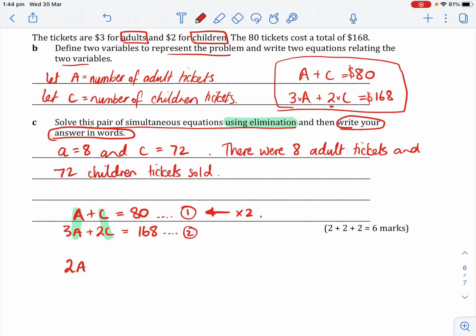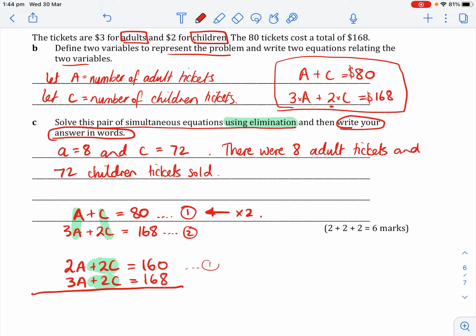So then that first equation becomes 2A plus 2C equals 160. And then my second equation is 3A plus 2C equals 168. And the idea of elimination is I'm going to eliminate one of these variables, the one that's the same.